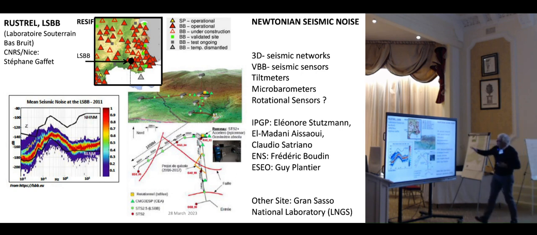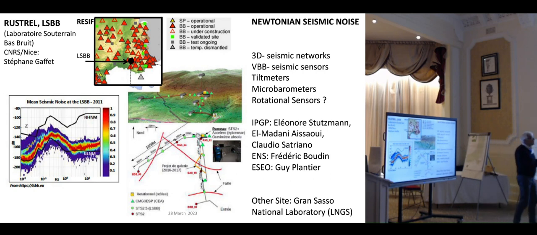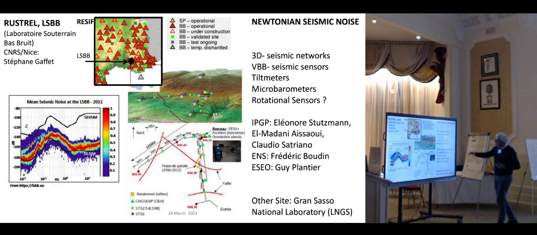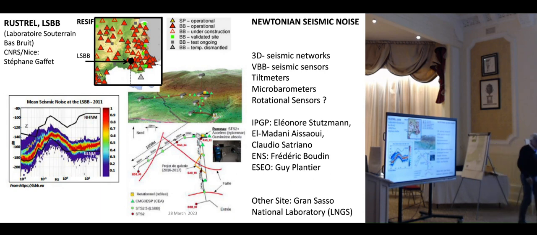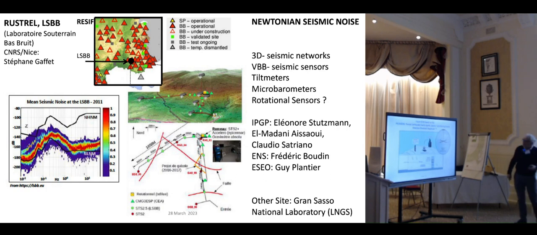So we decided in this project to have a specific experiment where we will install different kinds of instruments to try to get rid of Newtonian noise: broadband seismic networks, microbarometers, eventually rotational sensors, tiltmeters, and so on. That was the plan. So far, it is not yet accepted, so I don't know what will happen.